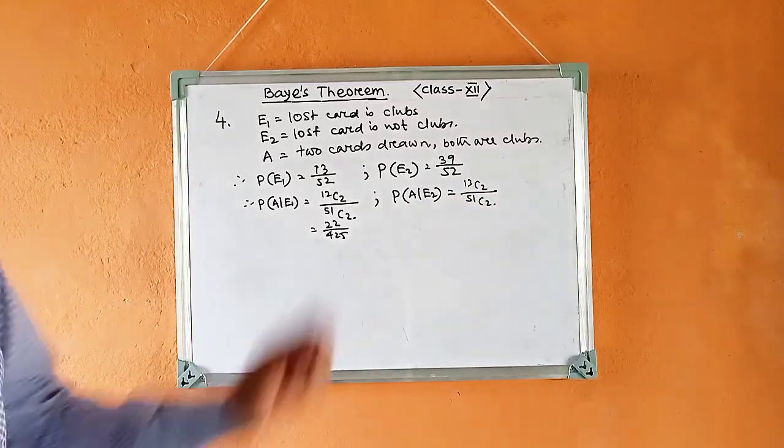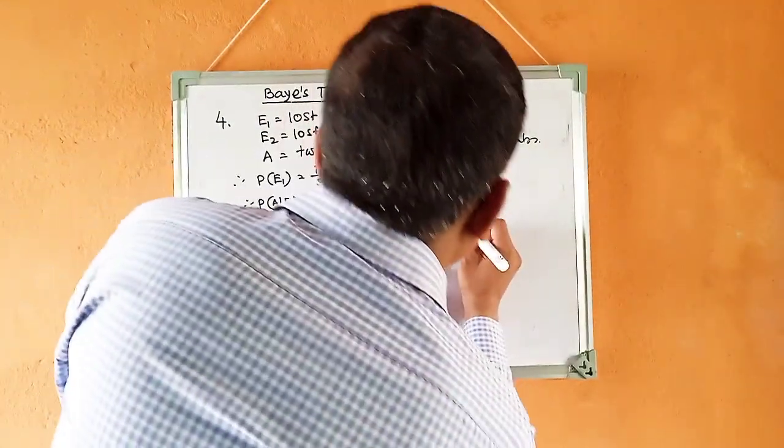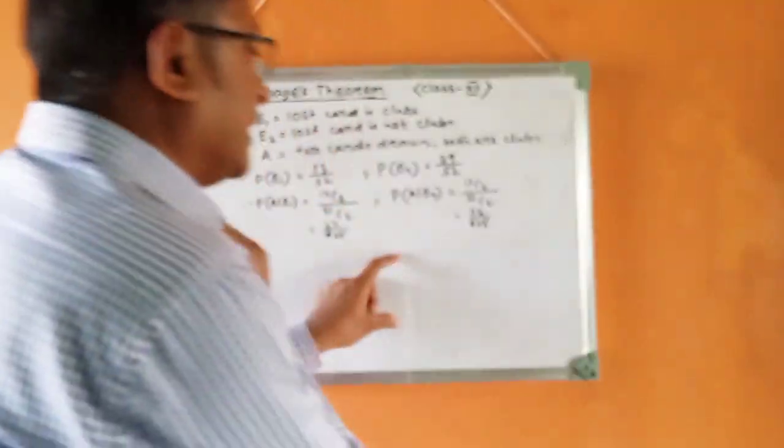After calculation, we get the result 26 divided by 425. Clear?